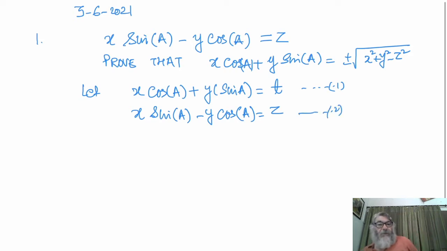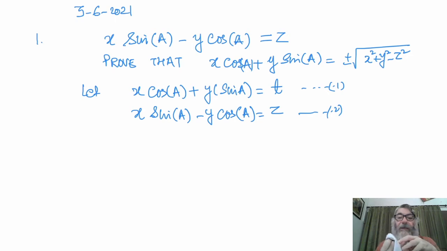Now if you look at the cos A, sin A terms, it clearly indicates that if I square both the equations, I will get x square cos square A plus y square sin square A plus 2xy sin A cos A. Similarly, squaring the second equation, I'll get x square sin square A plus y square cos square A minus 2xy sin A cos A. So this term will cancel when we add them.